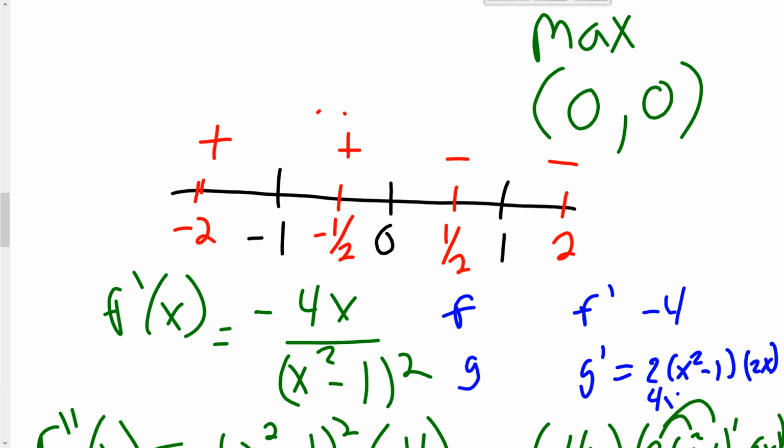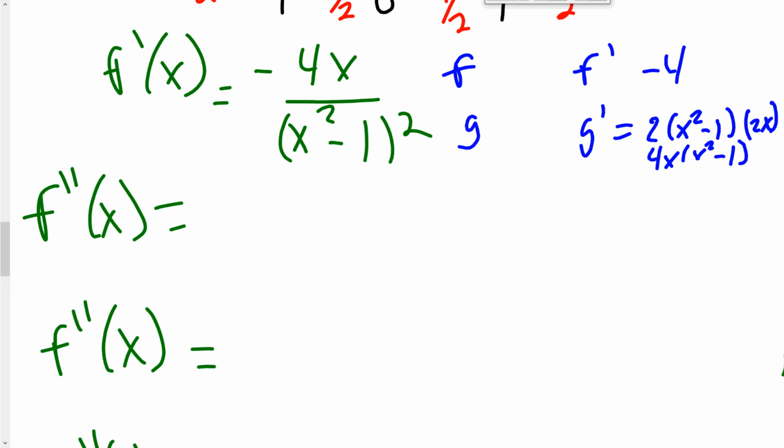So we get 4x times x squared minus 1. If you wanted to, you could distribute that.